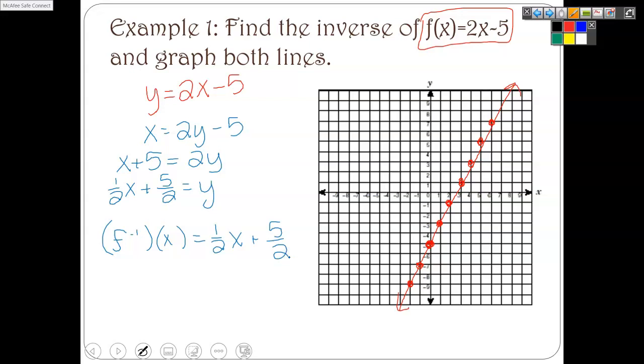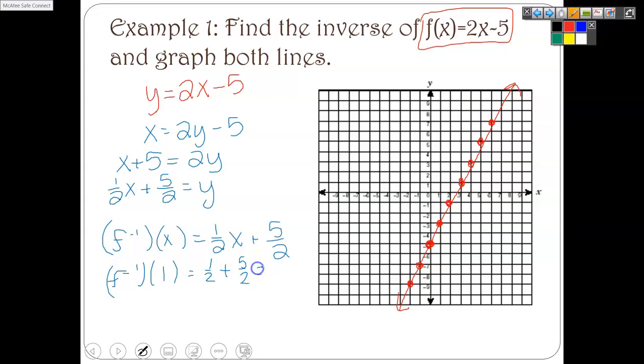Now, that's a rotten y-intercept in terms of graphing, because who wants to graph at 0.5? Those aren't nice points. So what I would do is try another number. So maybe I want to find f inverse of 1. Because when I plug in 1, I get 1/2 plus 5/2. Well, 1 plus 5 is 6. 6 divided by 2 is 3.